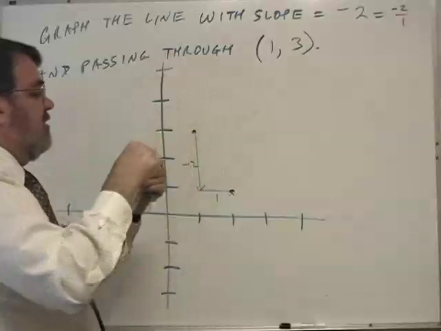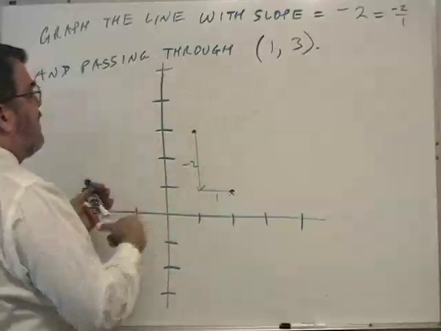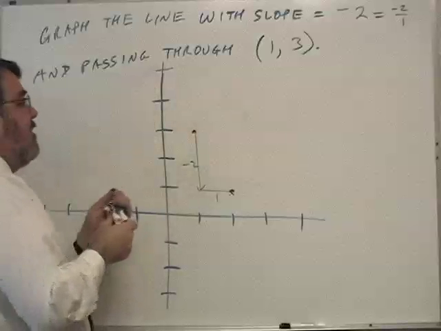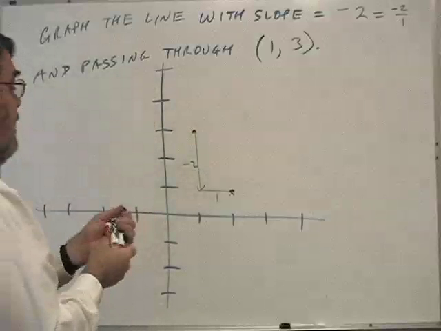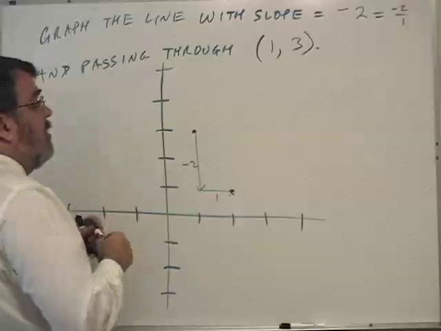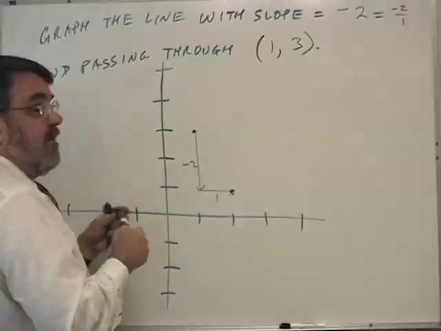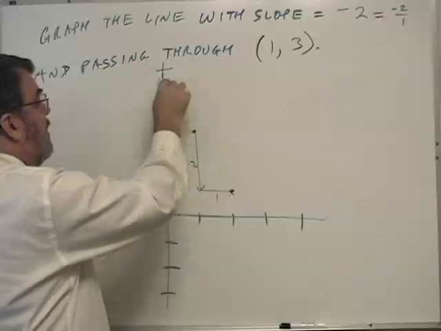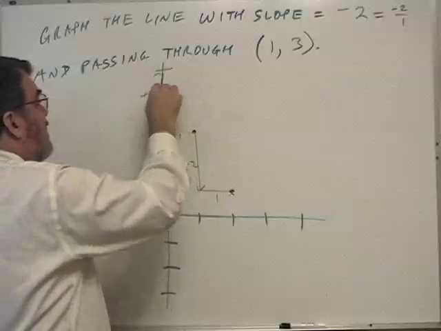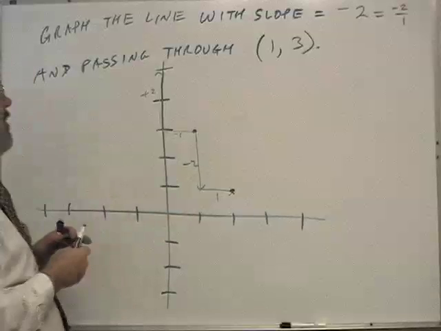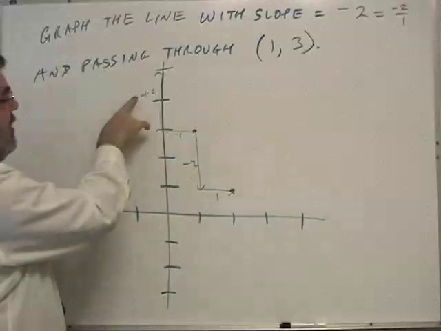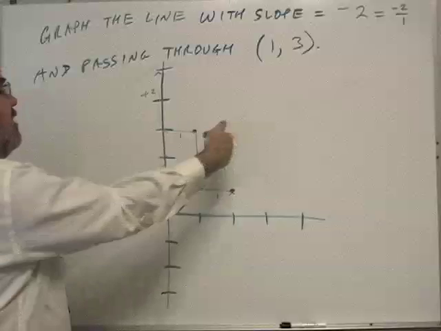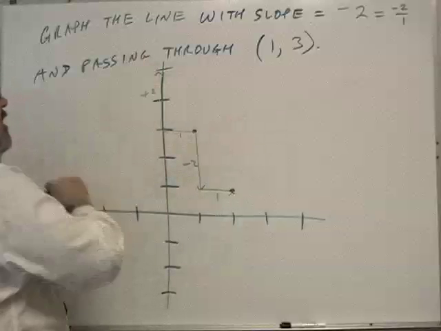I can see that the line is also going to have a y-intercept of 5 up there, because if I went backwards with this, using the slope, I would go left 1 and up 2. If you look at these ratios, 2 over -1 is -2, left 1 is negative, up is positive.